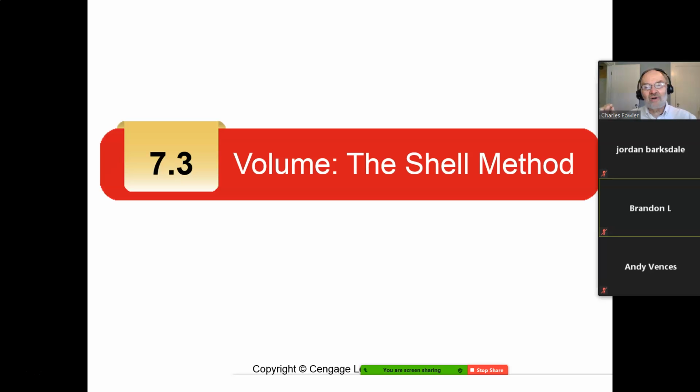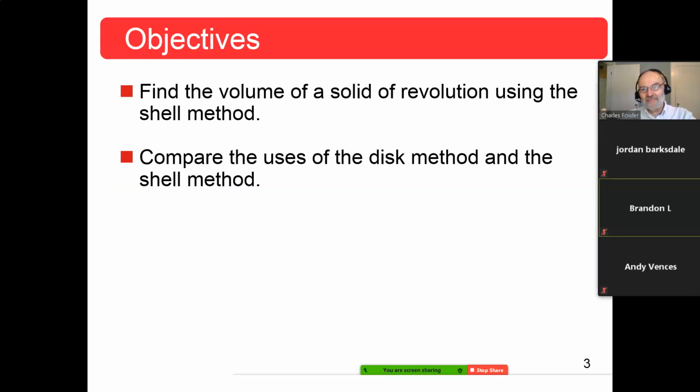Sometimes disks are either inappropriate or impossible to do by way of a disk, or if not impossible, way too hard. So we'll see an alternate method called the shell method.